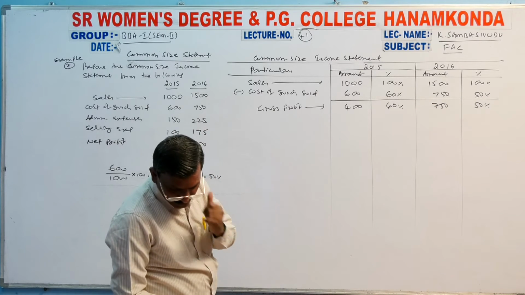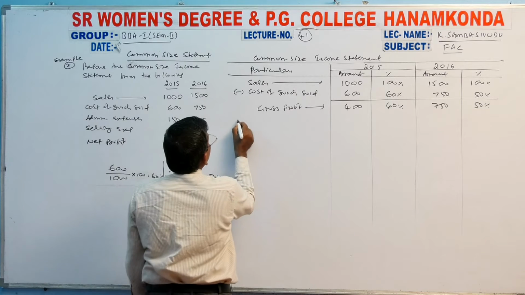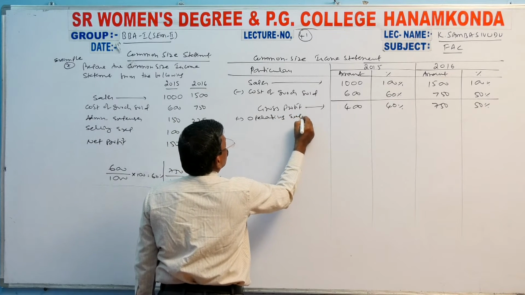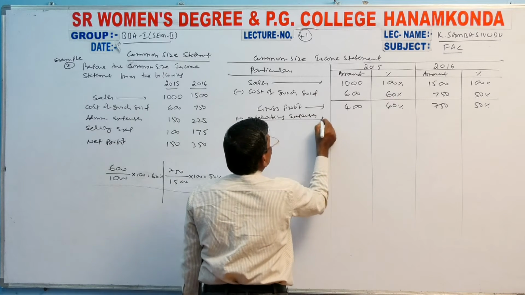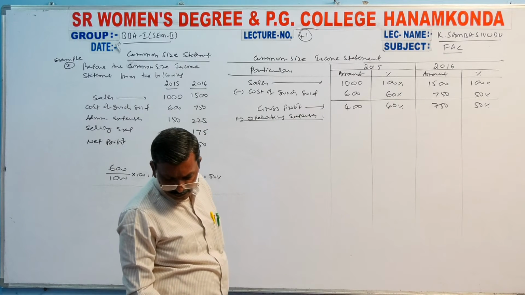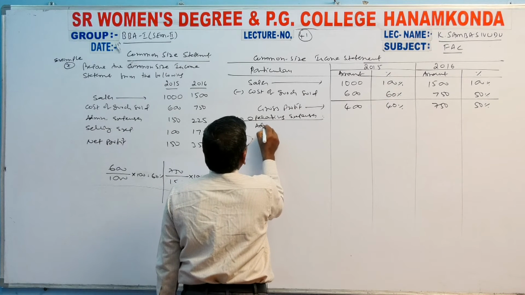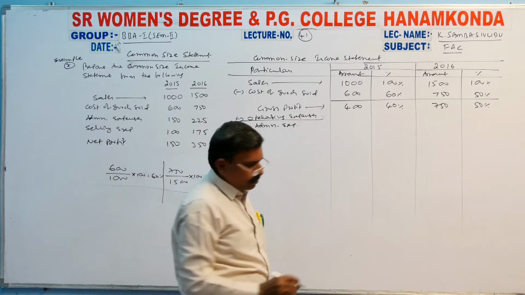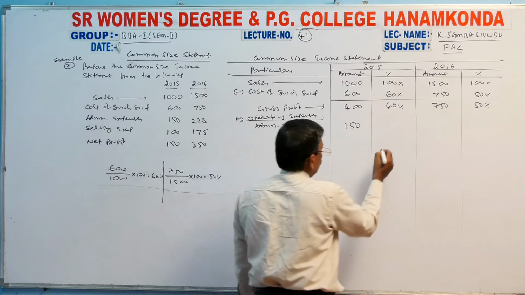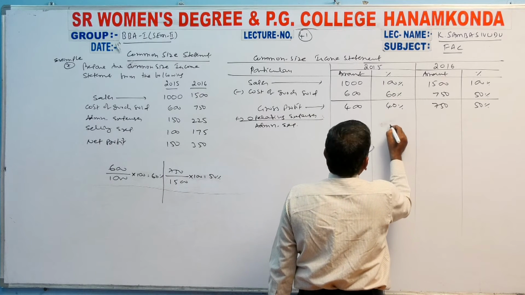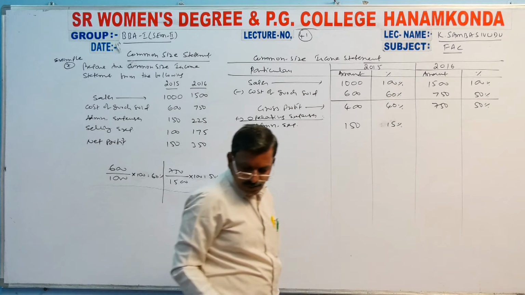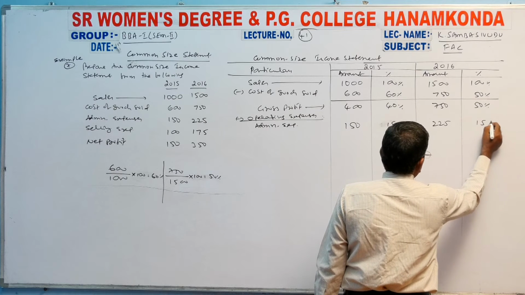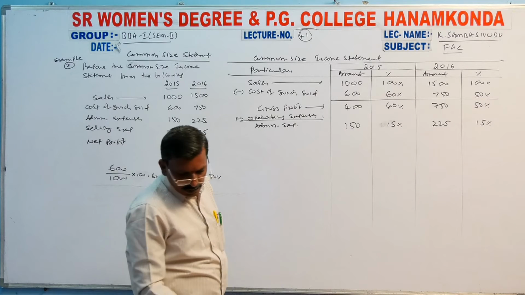Next, minus operating expenses. Administrative expenses here 150, that is 15%, and 225, 15%.